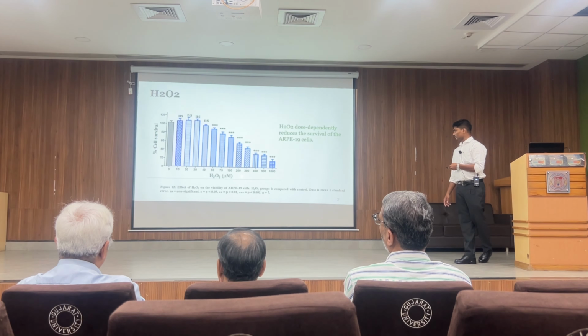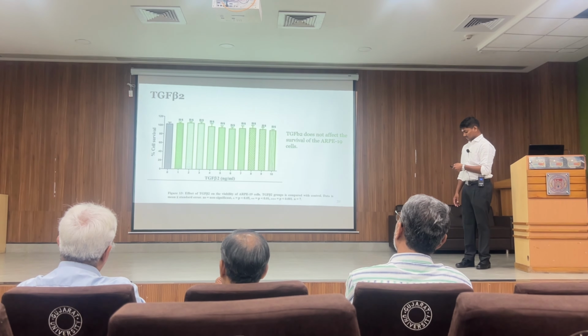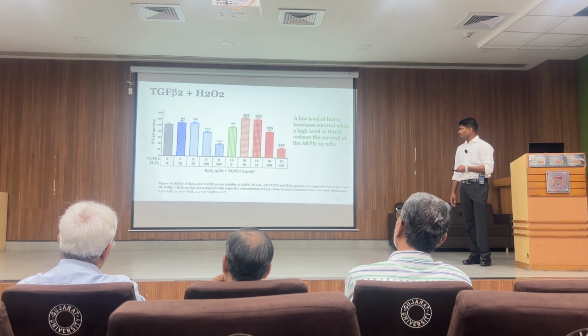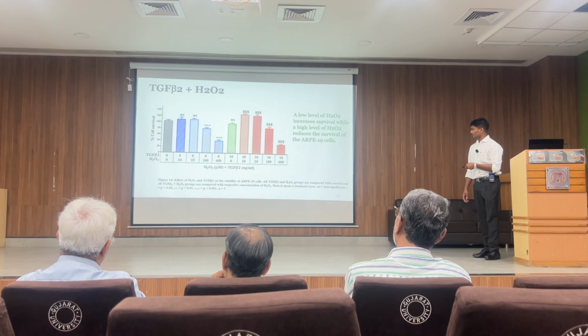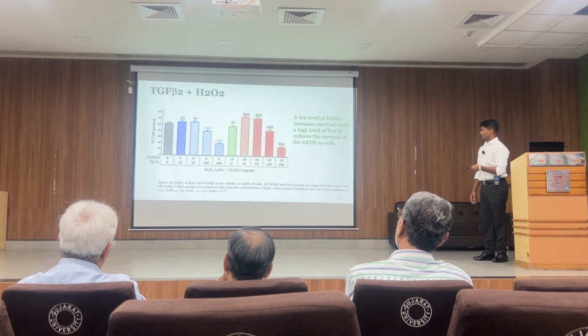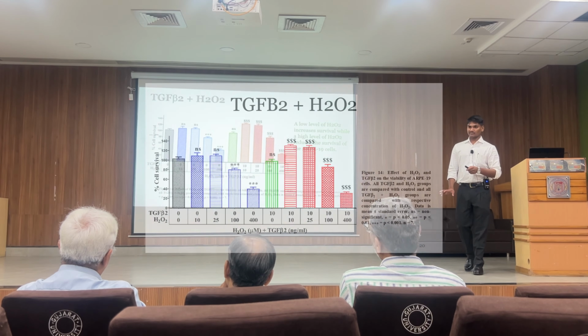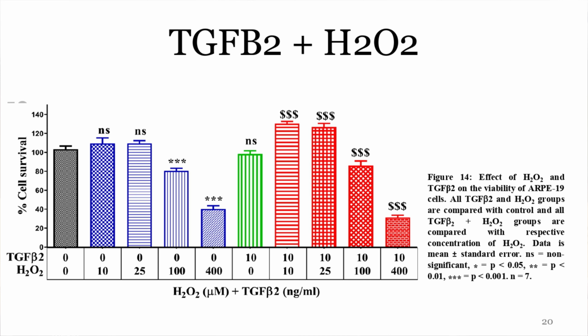From this picture we can see the effect of TGF beta 2 on cell survival of the retinal pigment epithelial cell line, ARPE-19, and as this is a growth factor, it does not show any cytotoxic effect. From this picture we can see the treatment of the combination of TGF beta 2 and hydrogen peroxide on the ARPE-19 cell line.